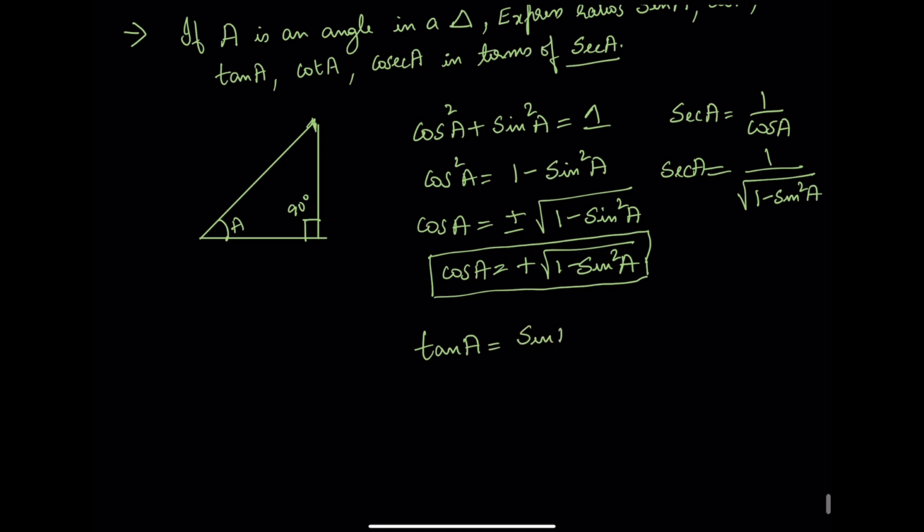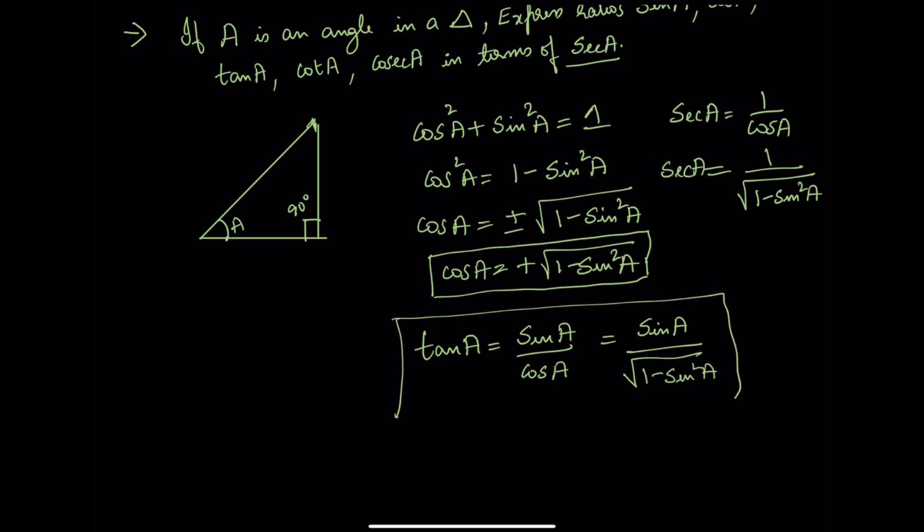It is sine A by cos A. So sine A would remain the same because our target is to represent everything on sine. Then cos A is nothing but square root of 1 minus sine square A. So this is how we can represent different trigonometric ratios based on one trigonometric ratio.